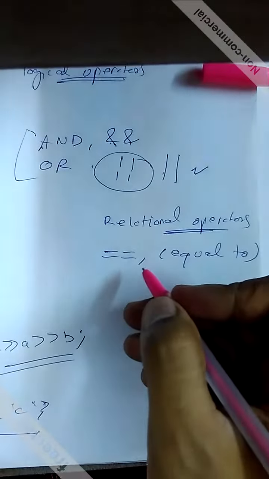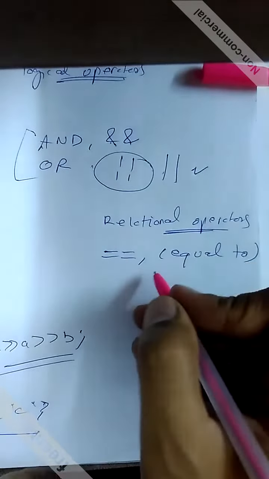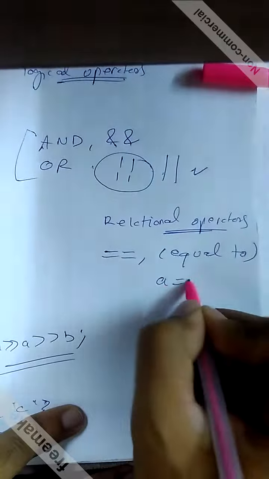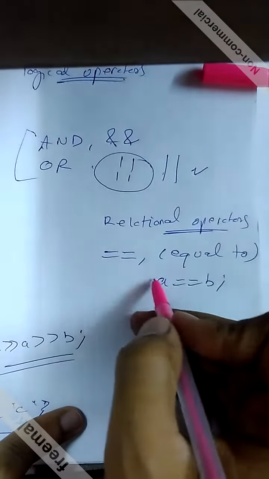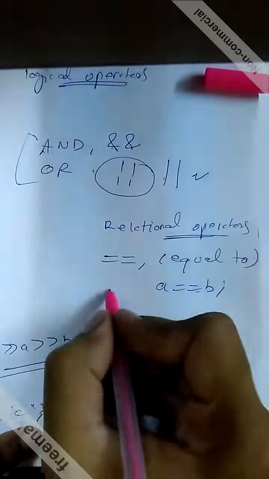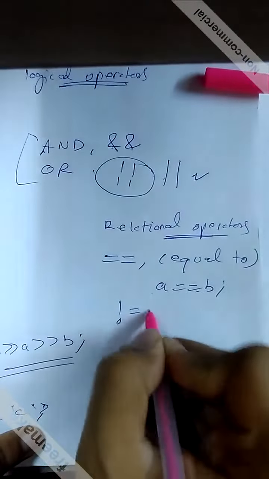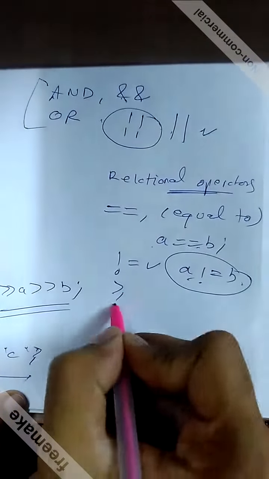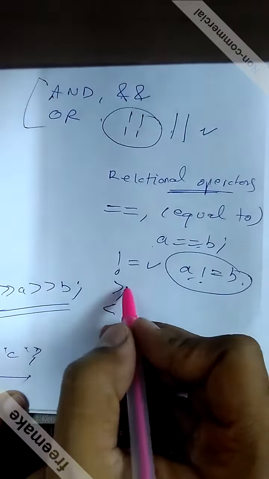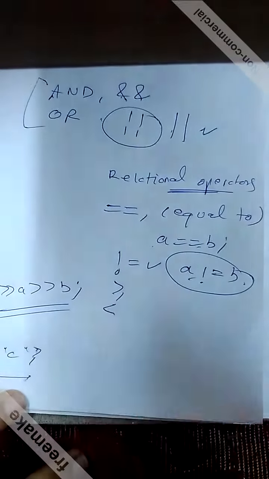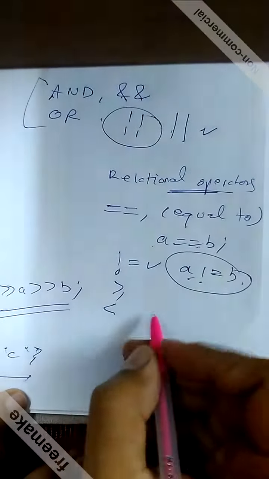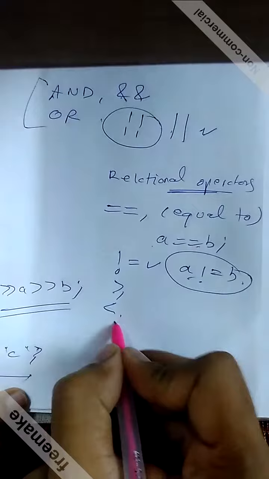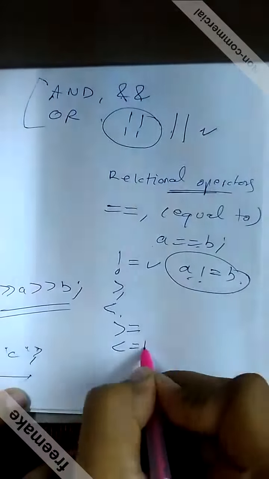It deals with the condition of whether two variables are equal. If we say A is equal to B, then it says that A is equal to B. And we have not equal to. If you say A is not equal to B, then this says A and B are not equal to each other. Similarly, we have less than, we have greater than. We can use less than, greater than alongside less than or equal to, or greater than or equal to. It is noted as less than equal to, greater than equal to, like that.